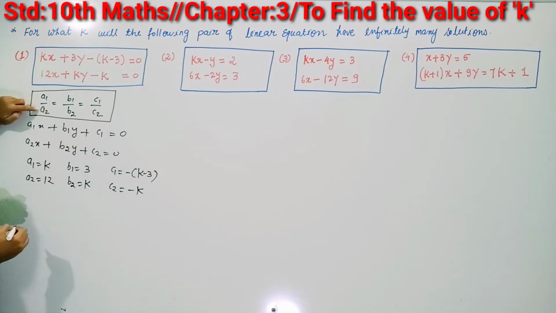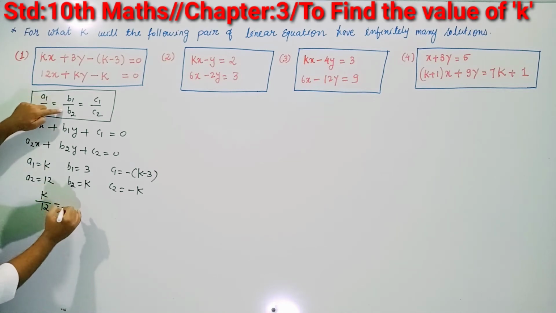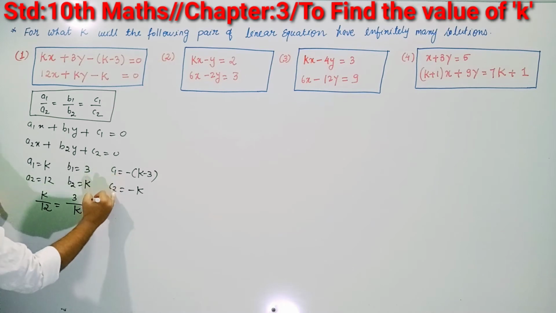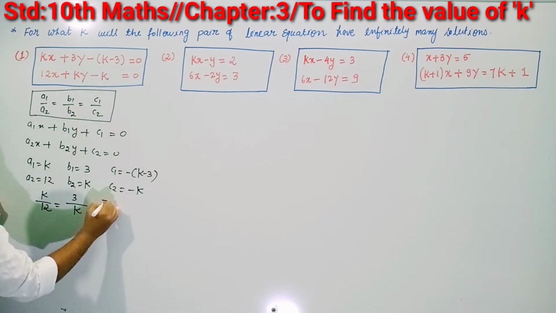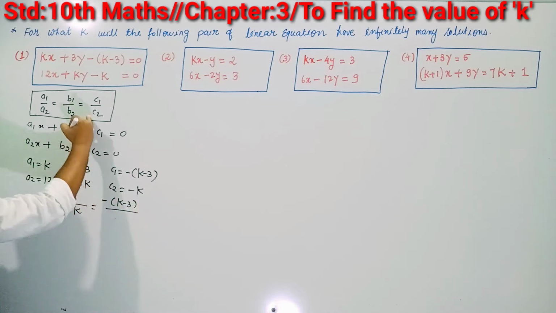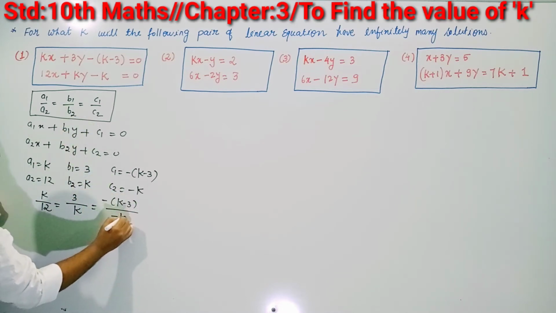A1 by A2: A1 is k, A2 is 12. B1 by B2: B1 is 3 and B2 is also k. C1 by C2: C1 is minus (k minus 3) and C2 is minus k.